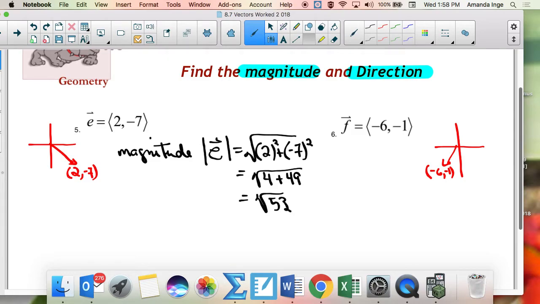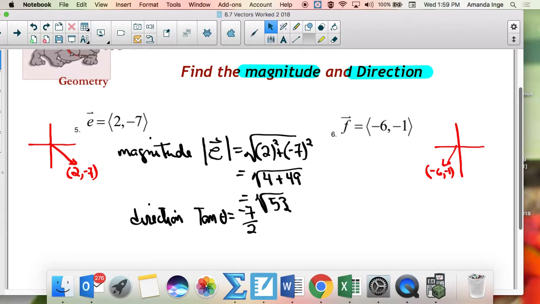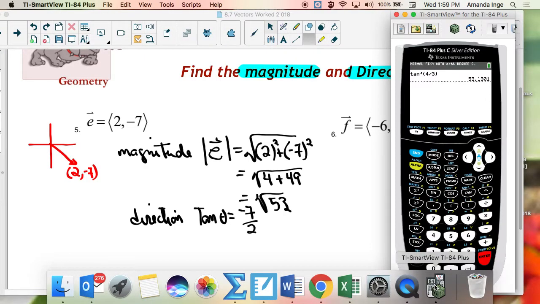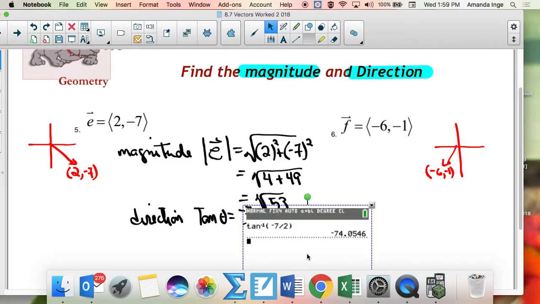And the direction would be the tangent of theta would be equal to negative 7 over 2. So second tangent, negative 7 divided by 2, and we get negative 74.05.